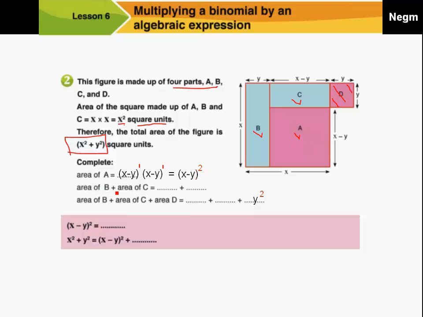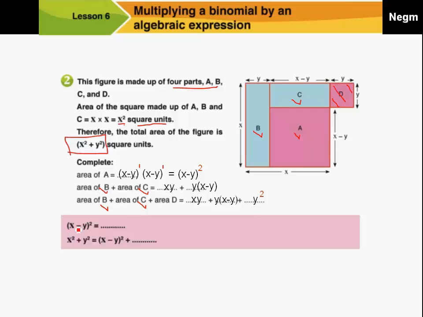Area of B plus area of C. Area of B is x multiplied by y, xy, plus area of C, y multiplied by x minus y. Area of B plus area of C plus area of D: area of B is xy, area of C is y multiplied by x minus y, plus area of D is y times y, which is y square.